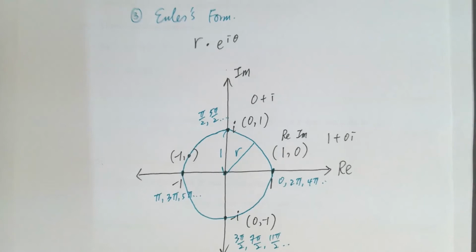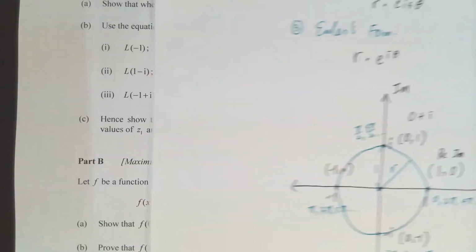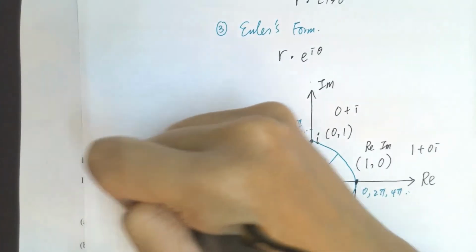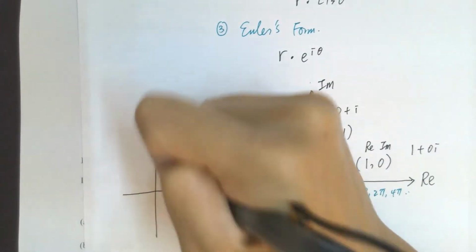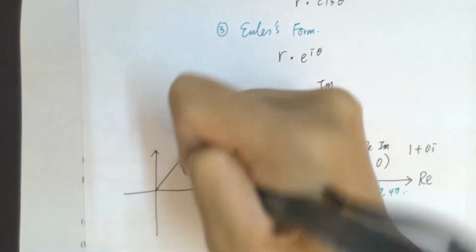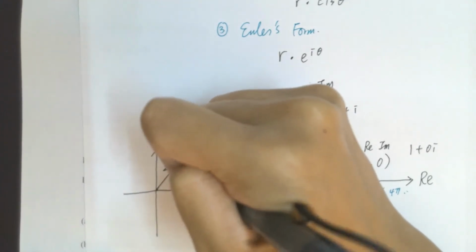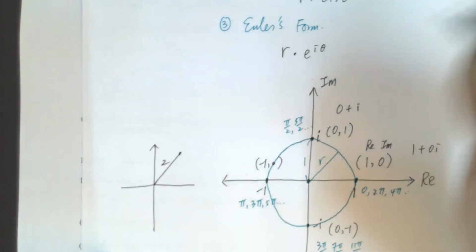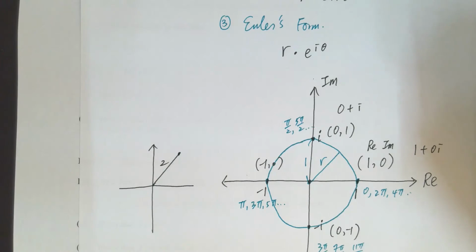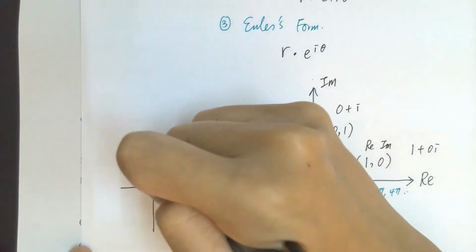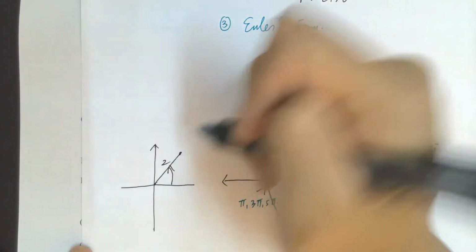And so there's another situation. Let me do a little tiny one over here. Let's say we have distance, radius, let's say 2, and let's say we have the same angle, maybe pi over 4.